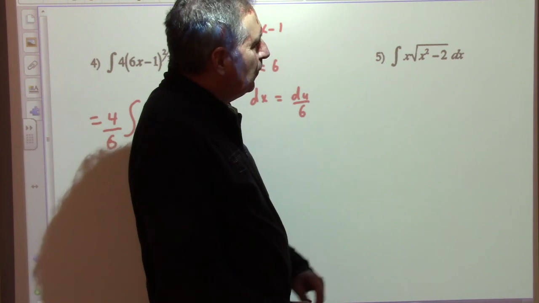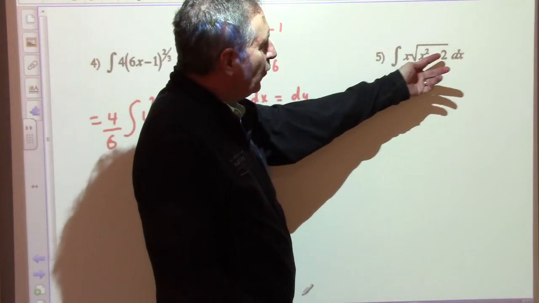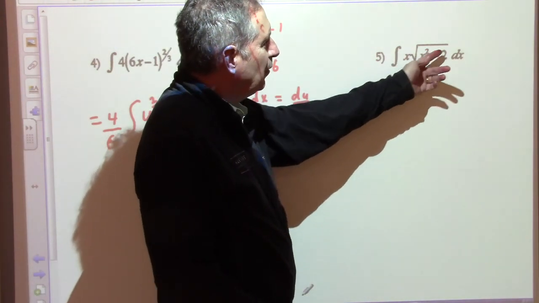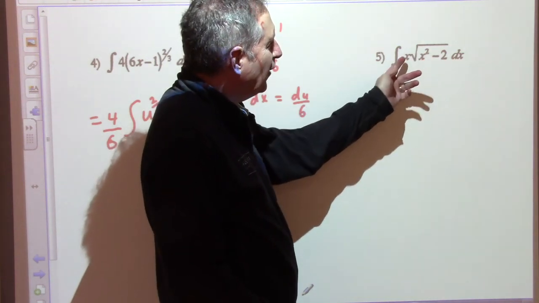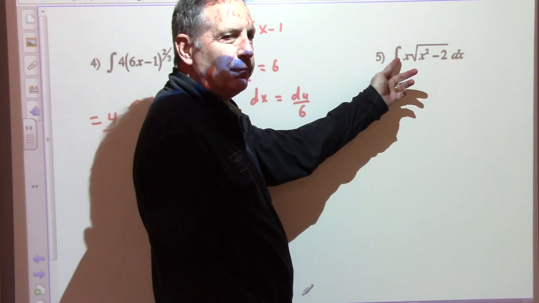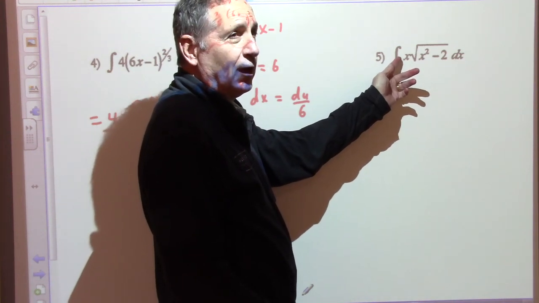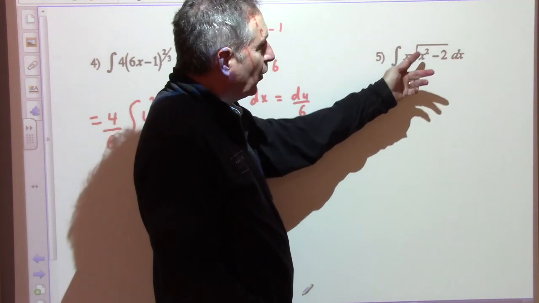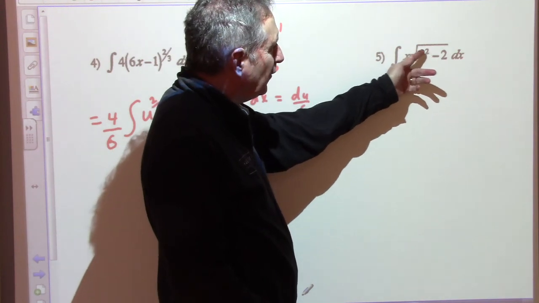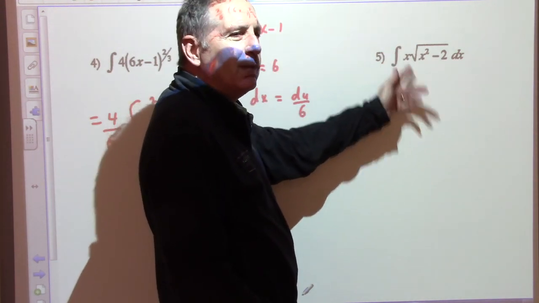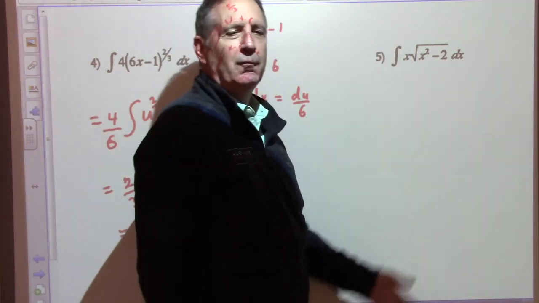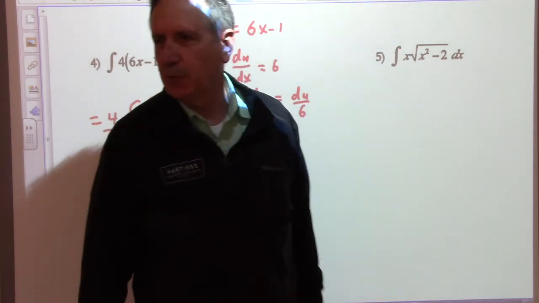But if you take the derivative of the inside and you divide by the derivative of the inside, is that going to cancel out that x? Yes. So if you can cancel out that x by dividing by the derivative of the inside, then you're going to go places with u-substitution.